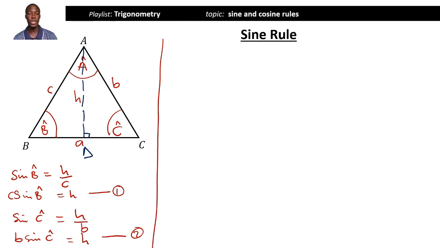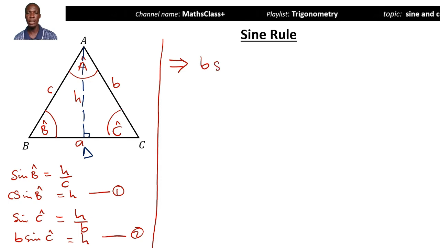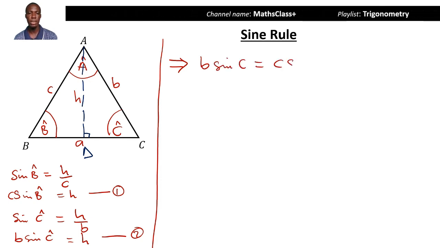So H in equation 1 is the same H in equation 2, which implies that B sine C is the same as C sine B. Now I will divide both sides by BC.